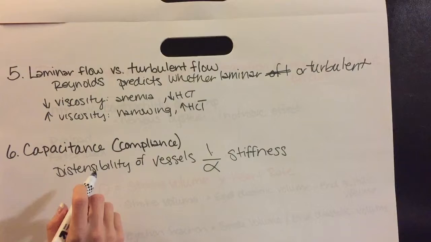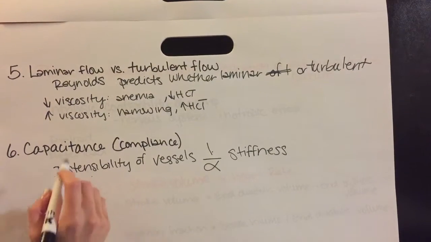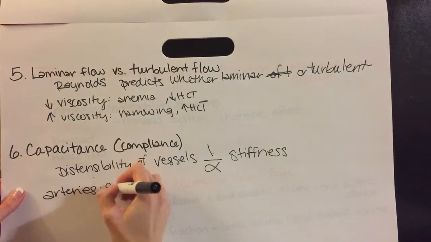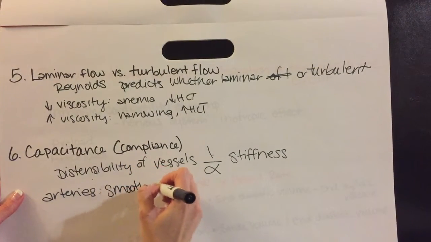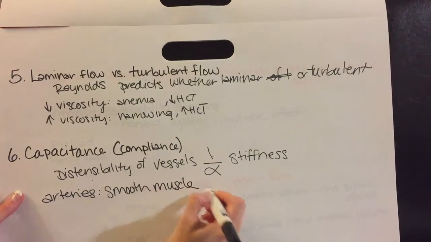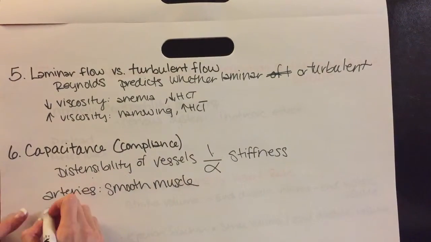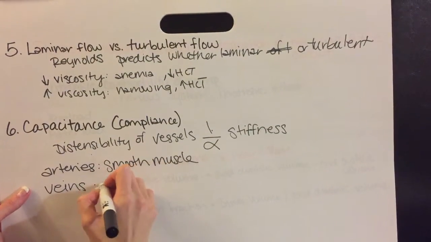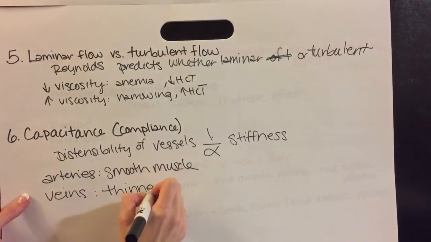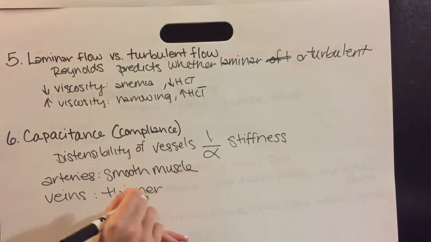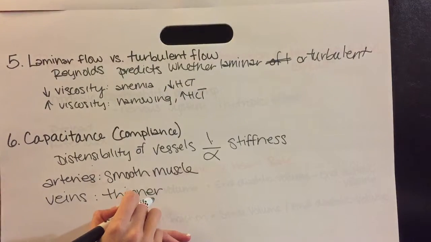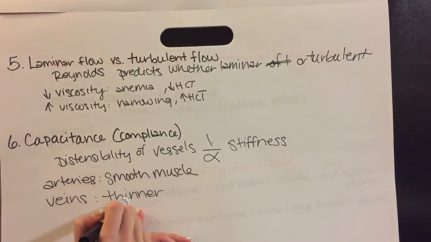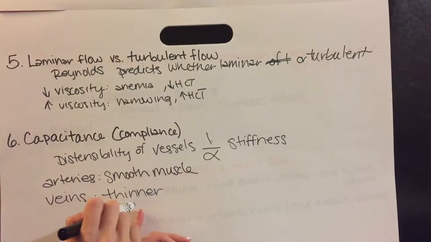Which means that it's higher in the veins than in the arteries, which makes sense, since arteries have smooth muscle for active vasoconstriction, whereas veins are thinner with fewer components and are less stiff because of this. So less stiffness is going to allow for greater compliance and capacitance.